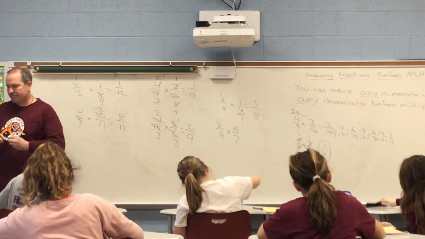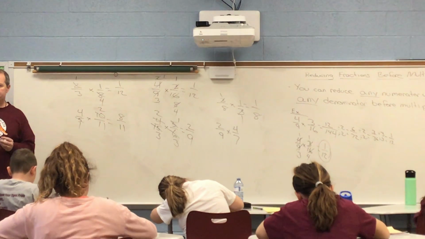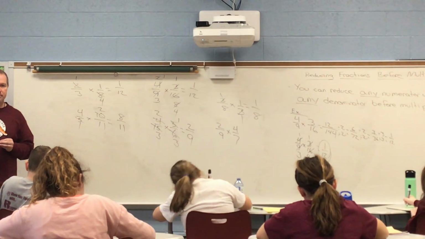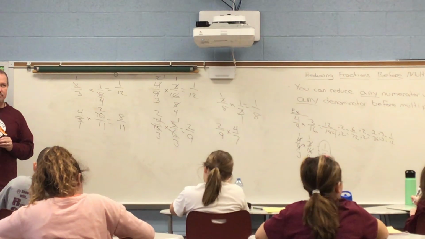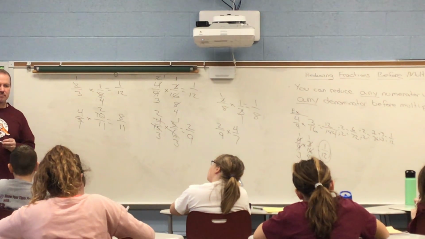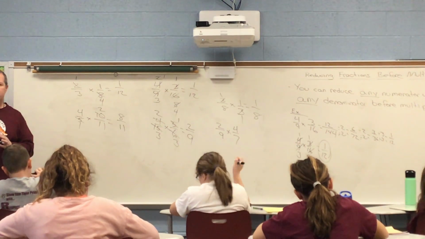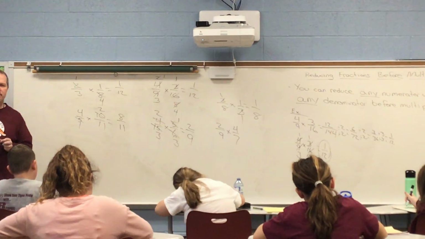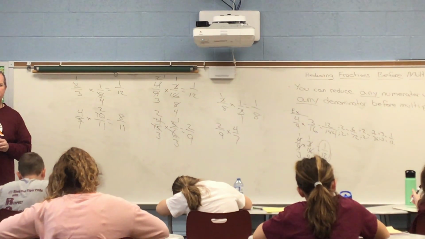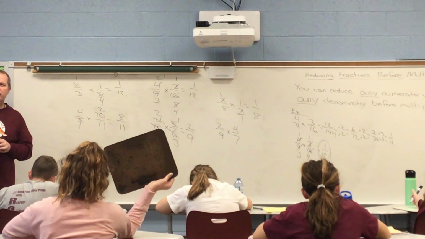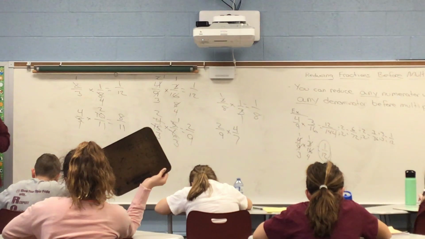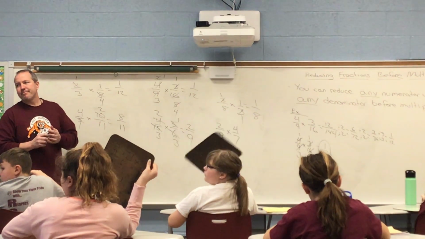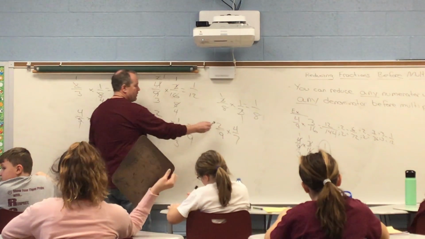2/9 times 4/7. You can't reduce the 2 with the 9 or the 2 with the 7.